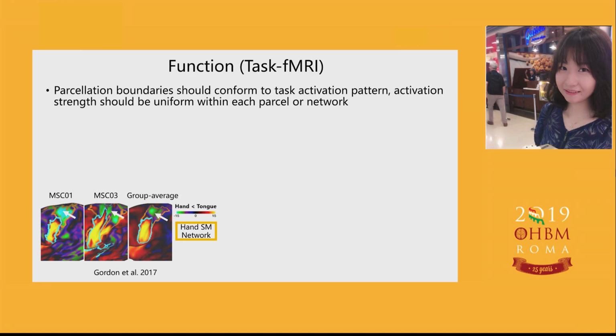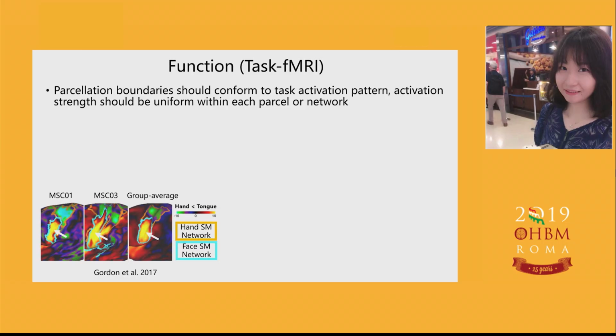And we can see that it corresponds very well to the orange hand somatomotor network. The yellow color indicates the task activation in response to the tongue movements. So we can see that it corresponds very well to the blue face somatomotor network boundaries. So the shape and the size of the task activation patterns vary across subjects.